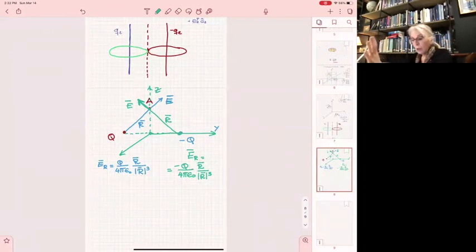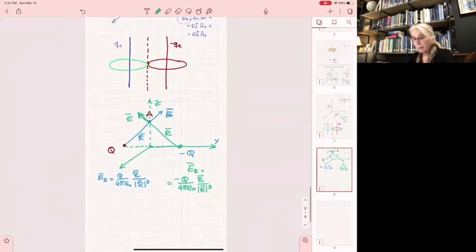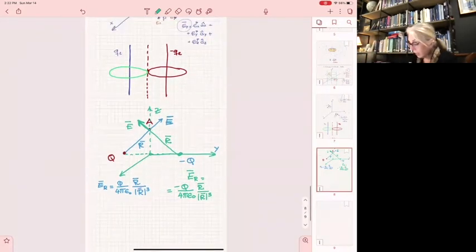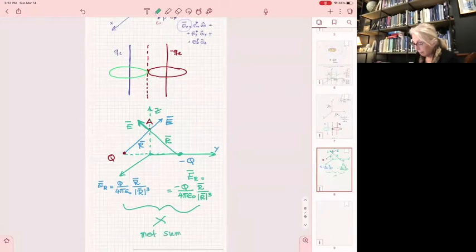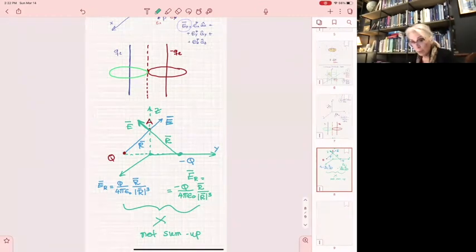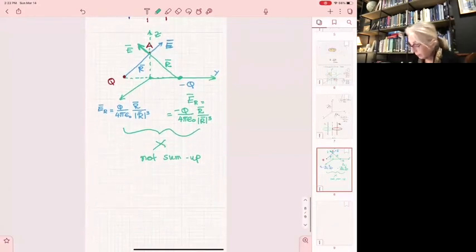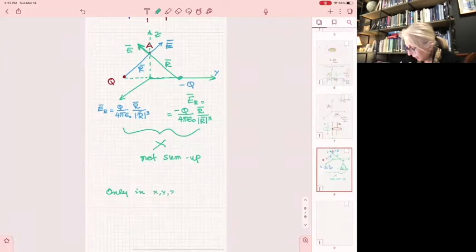But a lot of times we try, first of all, you recognize that in a problem like this, you cannot sum these two up. No summation. After you recognize that, you have to go to only one coordinate system where you can reliably sum all of the components, and that's the X, Y, and Z coordinate system.